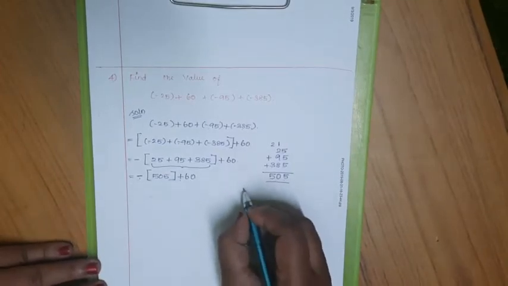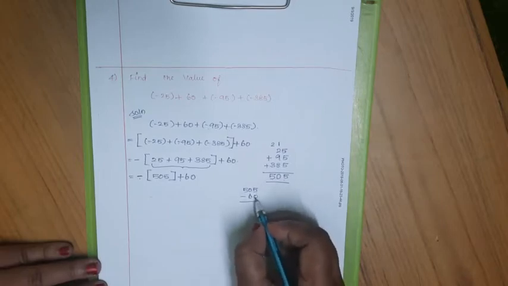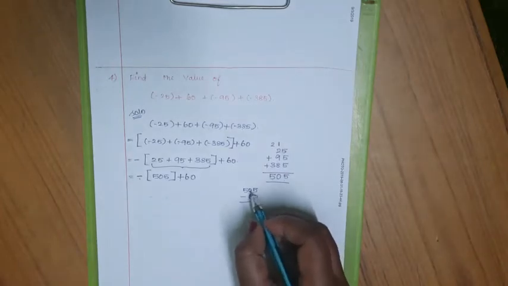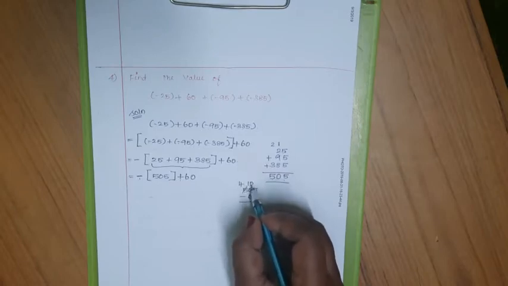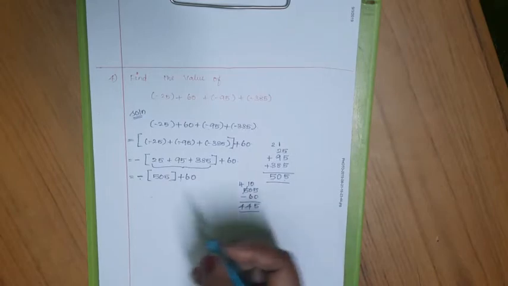These two numbers have different signs, so we have to subtract the numbers. Subtract 60 from 505, we get 445.